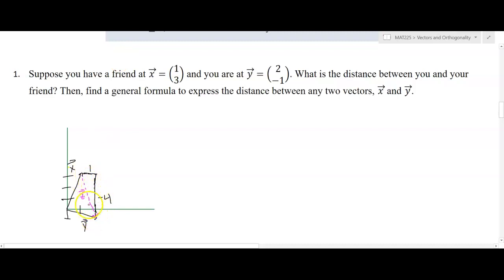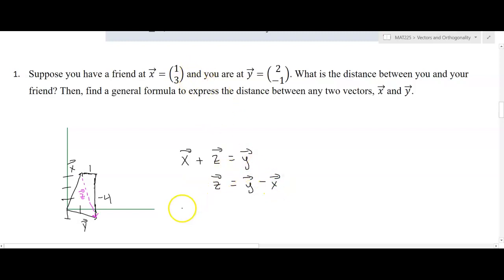You could draw it the other way as well, it wouldn't make a difference. But in this case, we could say that x plus z equals y, because we're doing tip to tail. x plus z equals y. And so that means I could re-express z in terms of x and y. I could say z is equal to y minus x.